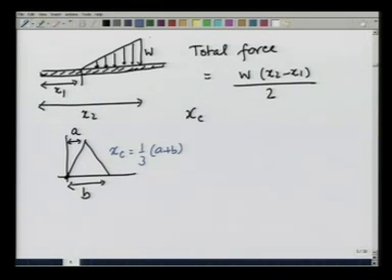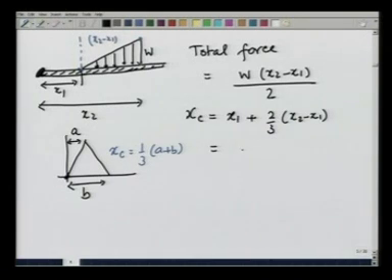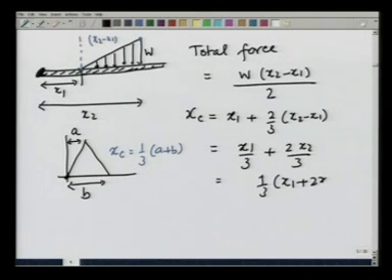In the present case, both the points are at a distance of x2 minus x1 from this corner, and therefore the centroid x_c is going to be at a distance from the hinge point of x1 plus 2/3 (x2 minus x1), which comes out to be x1 over 3 plus 2 x2 over 3, which is 1/3 (x1 plus 2 x2).